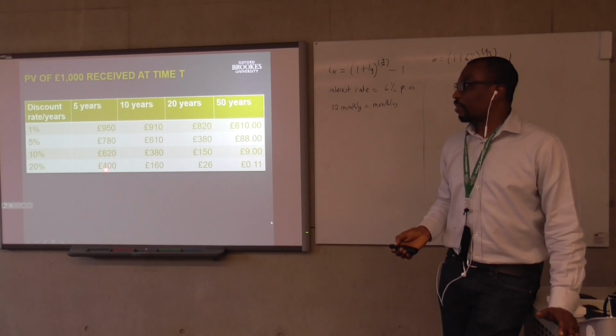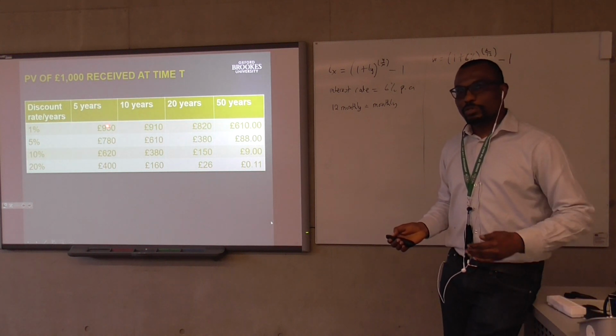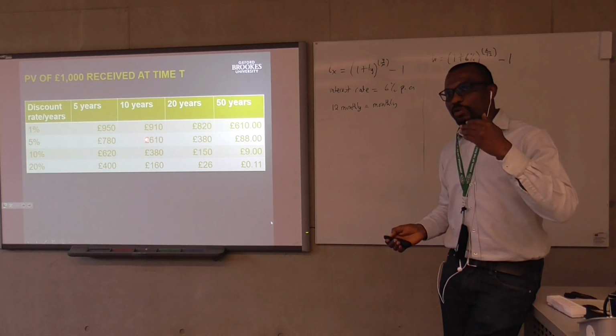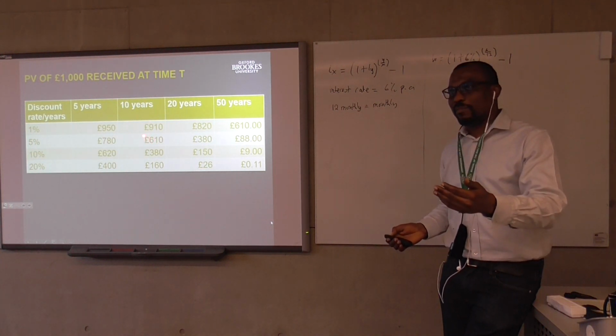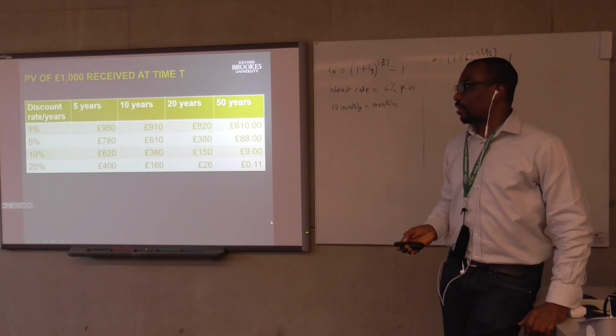If you invested £400 now for 5 years, you will receive £1,000. So you should always know what your expected income is, or what you want to get at the end of the project. Based on that, you know how much you would need to invest at any time T.